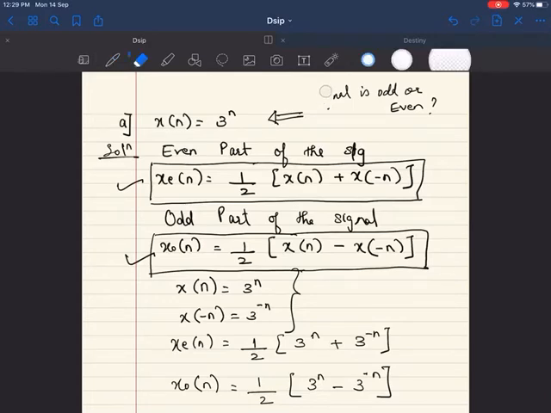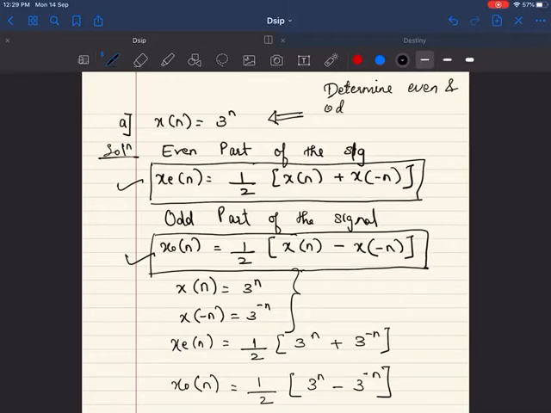So your question will be: determine the even and odd part of x of n. It is given by these two formulas, where x e of n stands for the even part of the signal and x o of n stands for the odd part of the signal.